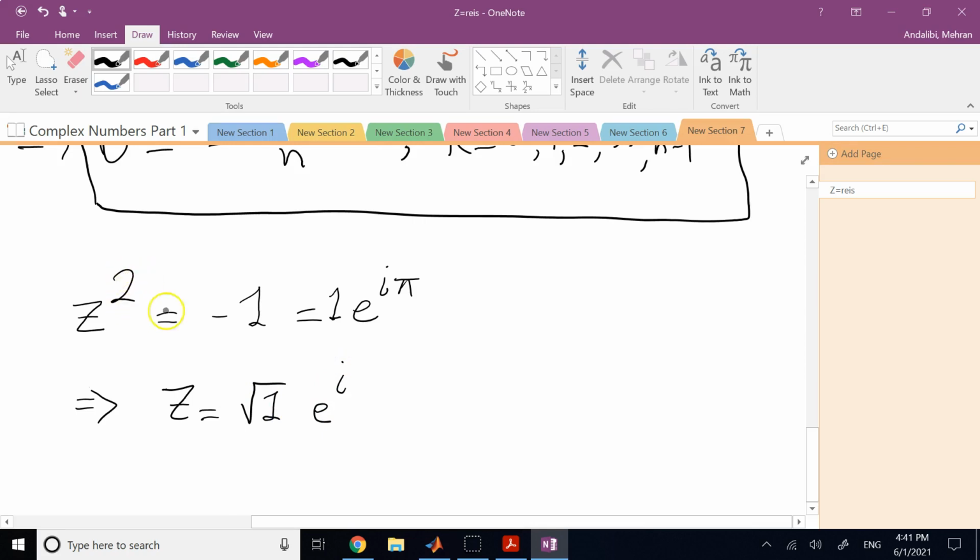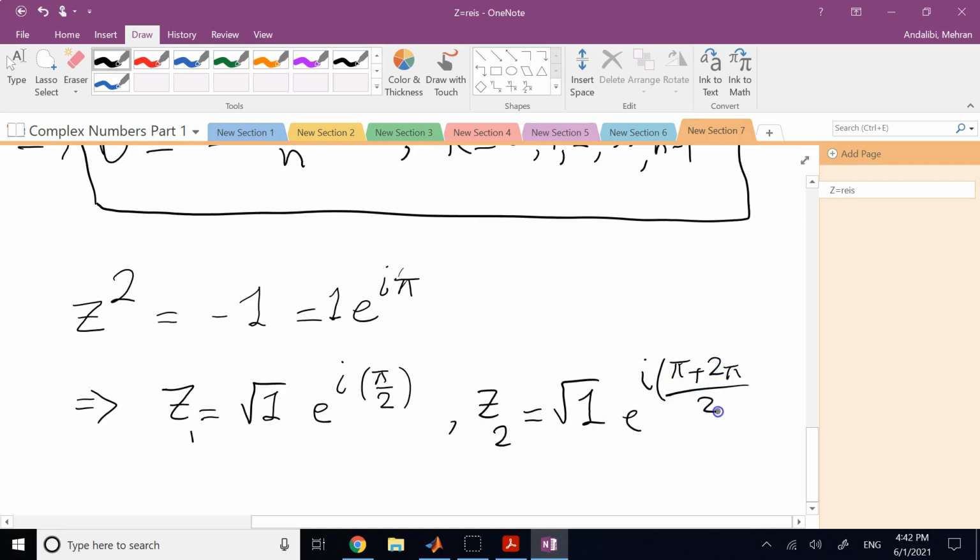What can you raise to the power 2 to give you pi or pi plus 2 pi? So one of it is pi over 2, clearly. When you raise this number to the power 2, e to the I pi over 2 is going to be e to the I pi. The other one is square root 1, but e to the I times pi plus 2 pi over 2.